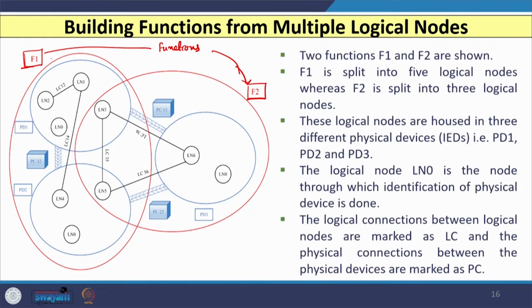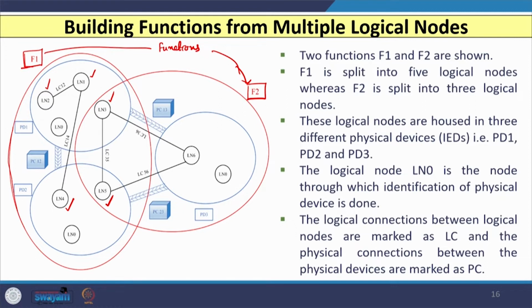In function 1, the red color shows the area or map of the function, and in that 5 logical nodes are available: logical node 1, logical node 2, logical node 3, logical node 4 and logical node 5.